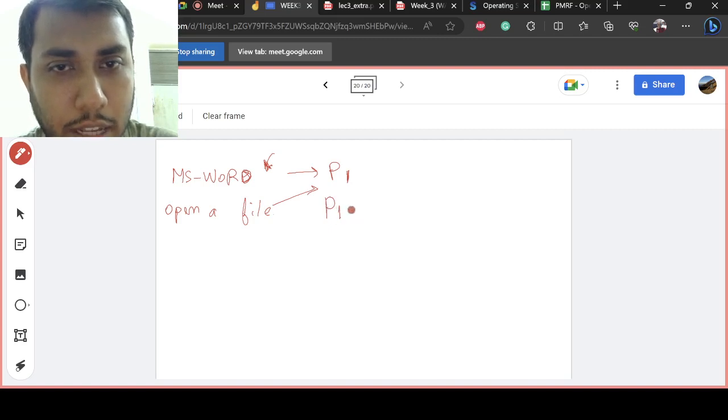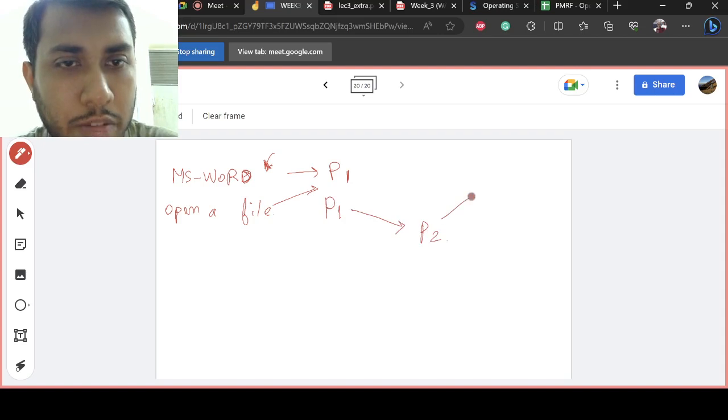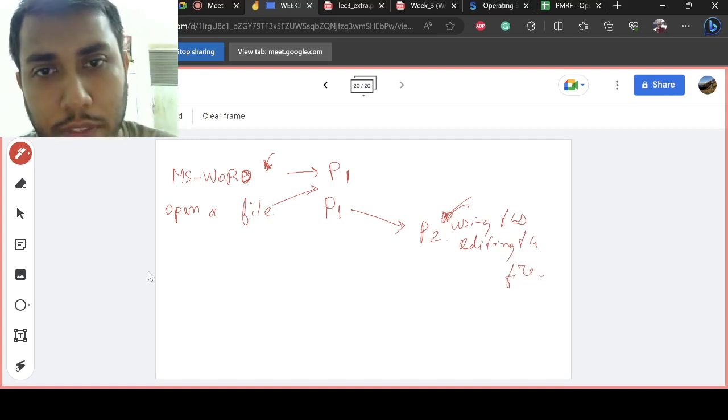Let's say it creates a child P2 in which you are editing the file. Okay, now at the same time you want to open another file.